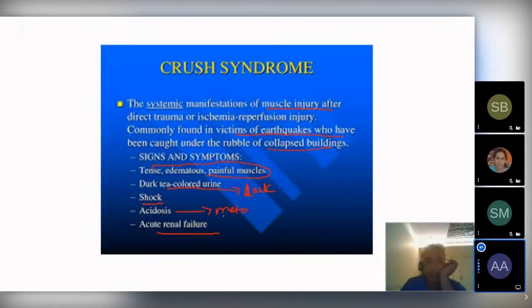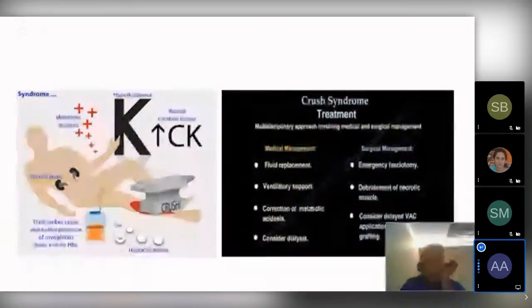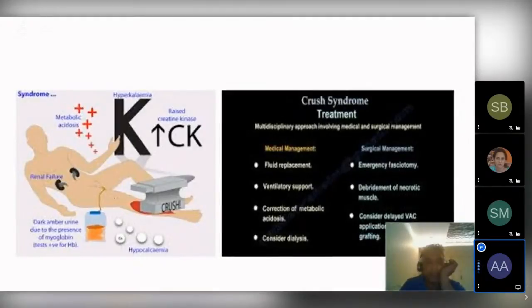There is one interesting slide. Please see this. If there is crushing of the leg, what happens? The muscle goes into necrosis, myoglobin is released into the blood vessels and gets excreted in the urine, hence the dark colored urine. But with no perfusion or volume loss, it can cause acute renal failure.